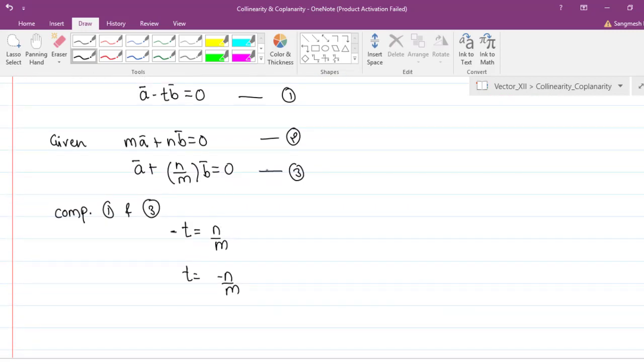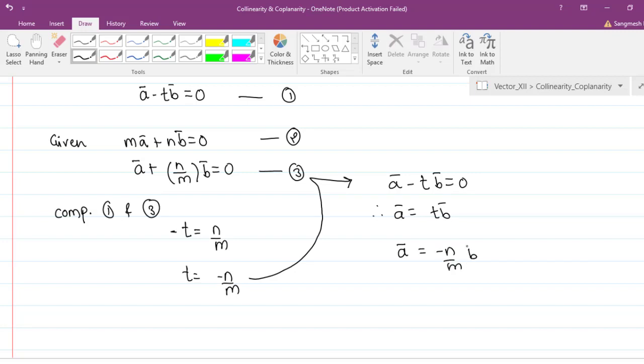This equation number 3 can also be written as a bar minus t b bar equals 0. Therefore a bar is equal to t b bar, and if I substitute the value of t, I will have a bar equals minus n by m b bar.